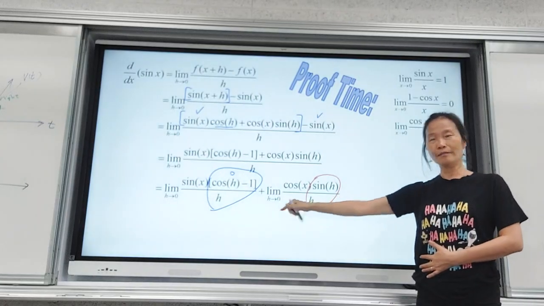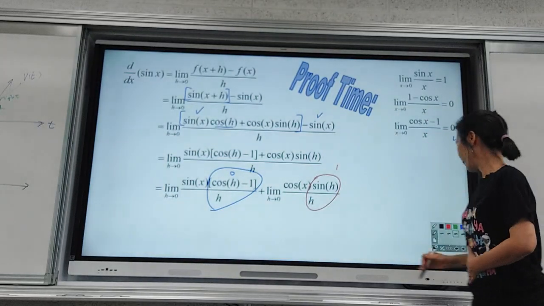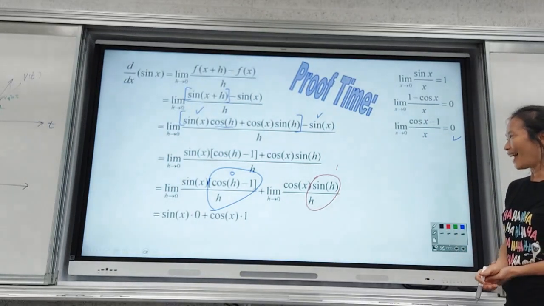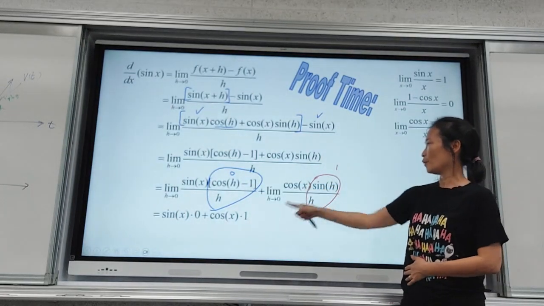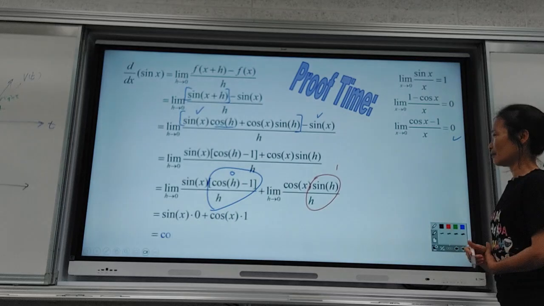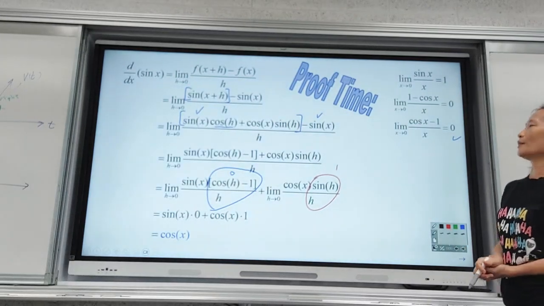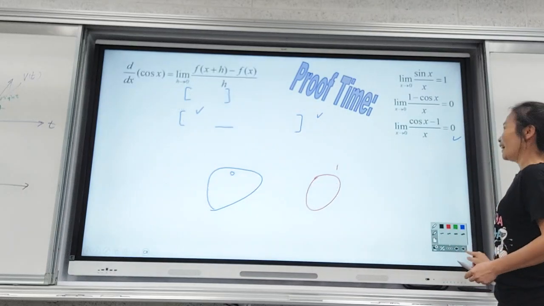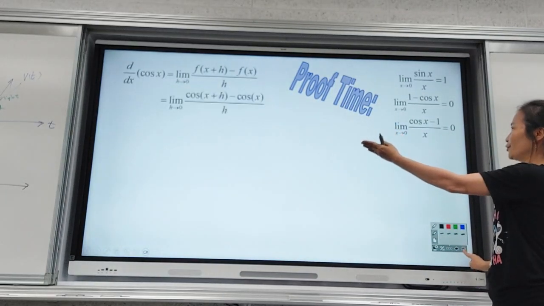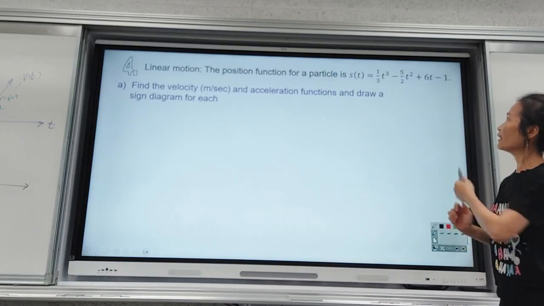See, that's the same. So the limit is 1. So this is 0. This is cosine 0 times 1, which is cosine x times 1. Anyway, if you're interested, there is more here to show you why.